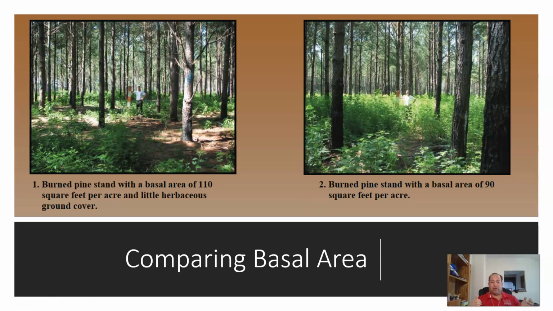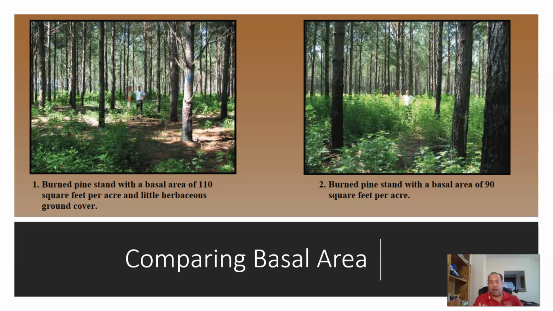If we get used to calculating basal area, then we can really start seeing these differences: that's what 110 feet looks like, that's what 90 feet looks like, this is what 60 feet looks like, this is what 50 feet looks like, this is what 250 square feet of basal area would look like.